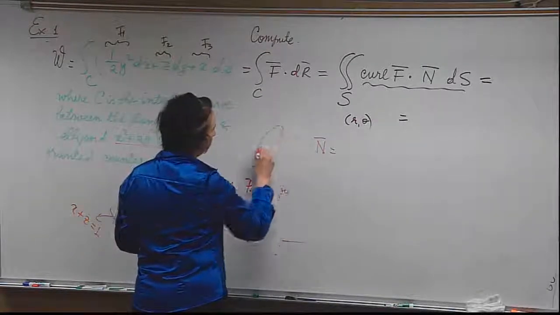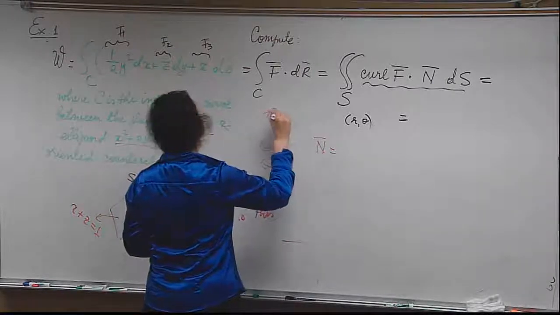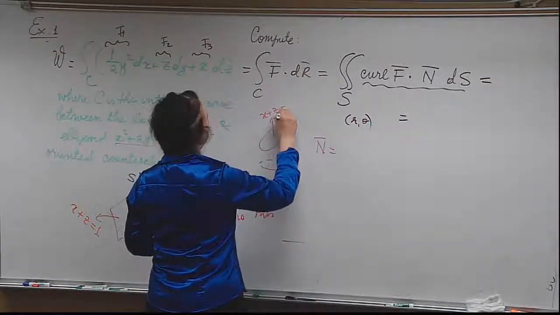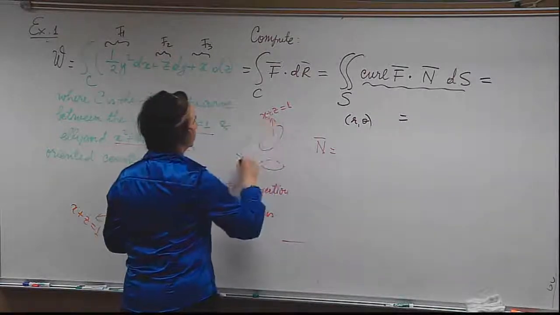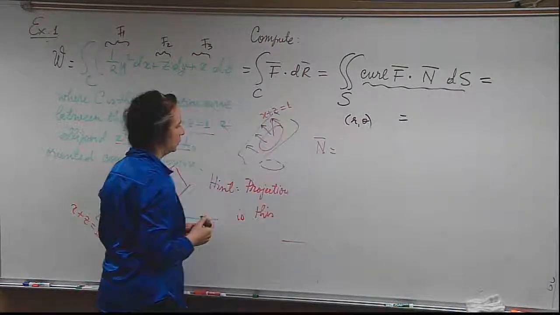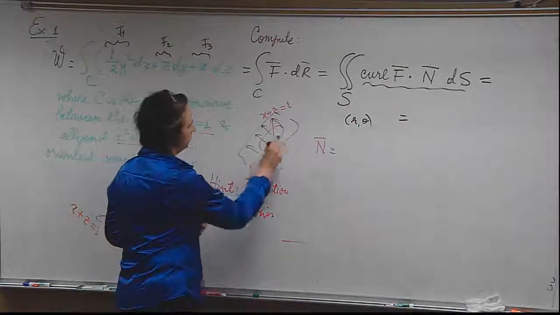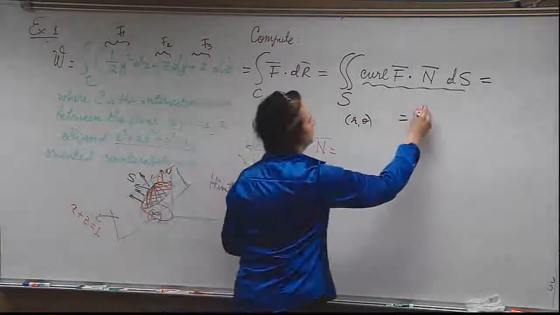N for such an individual will be really nice. X plus z equals 1, right? So what is the normal to the plane x plus z? That's the projection in the plane. So who is this normal?